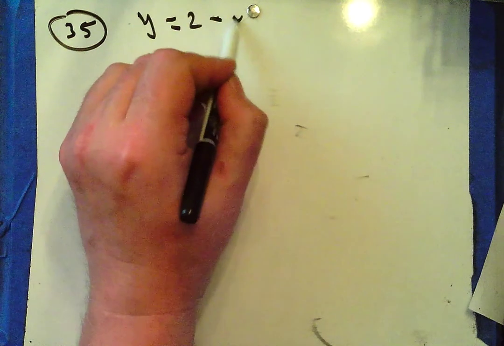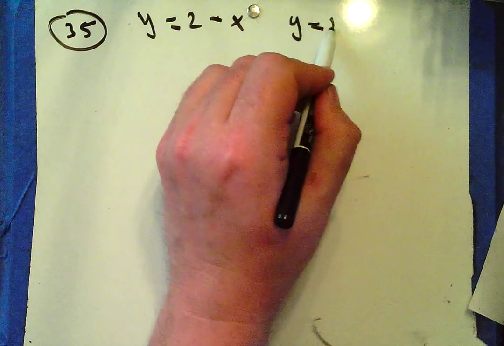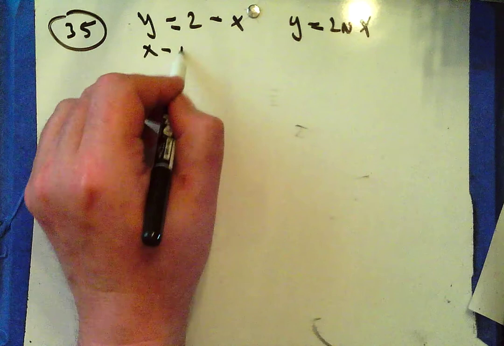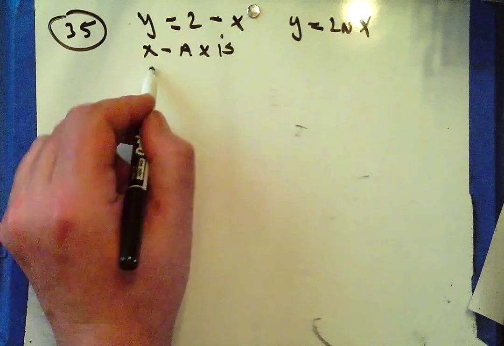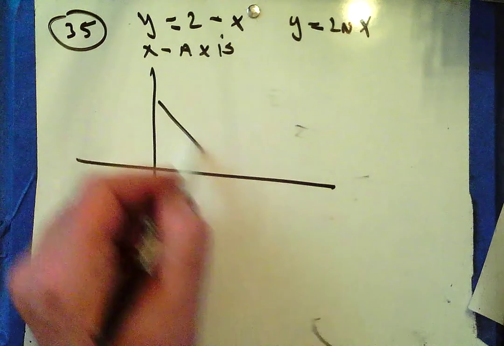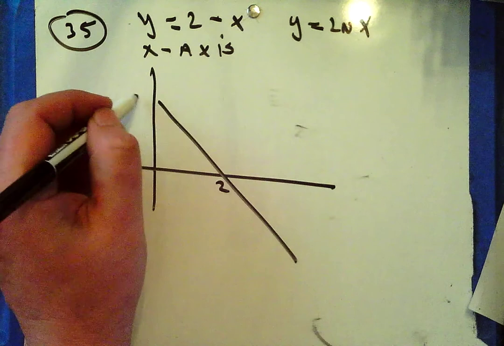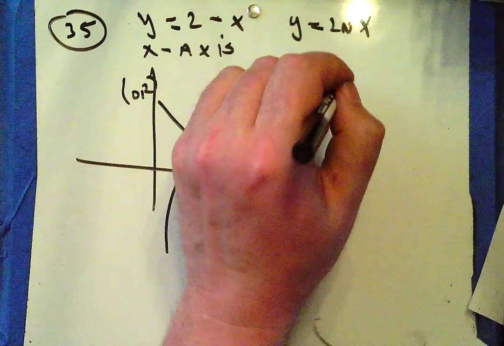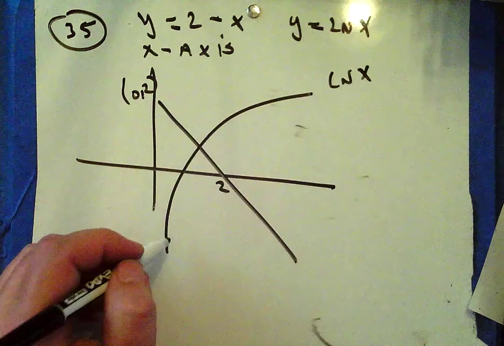35 says, which of the following integral expressions represents the area of the region bounded by the graphs y equals 2 minus x and y equals ln of x and the x-axis? Again, sure I'm glad I know how to graph things. 2, 0, 2, ln of x.